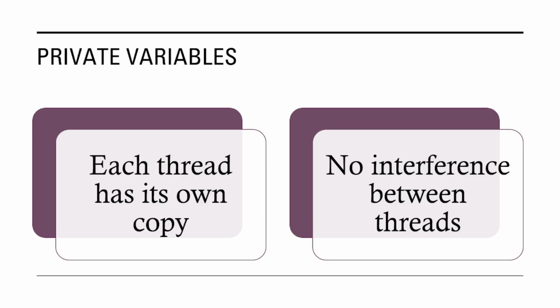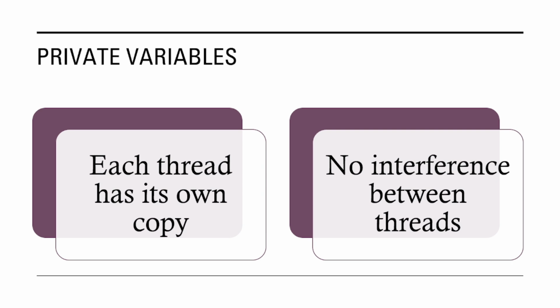These copies are completely separate. So changes made by one thread do not affect other threads. Each thread has its own local copy. No sharing between threads helps avoid race conditions and data conflicts.